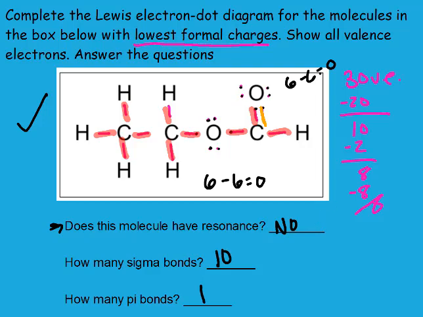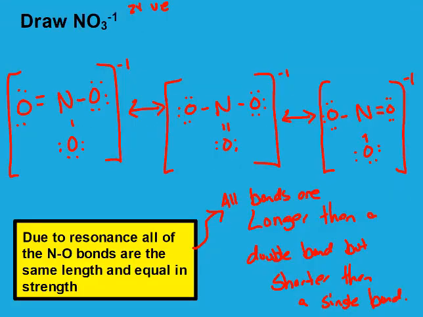If you're confused on the resonance piece, if we look back at our nitrates, notice that it doesn't matter which way I move the double bond, the formal charge would always be the same. If you calculate the formal charge in all the molecules, this one would have a formal charge of -1. This one would be a 0, and this one would be a -1, and this one's a +1.